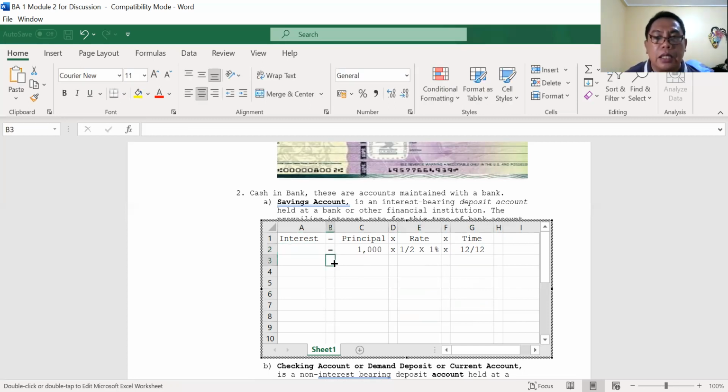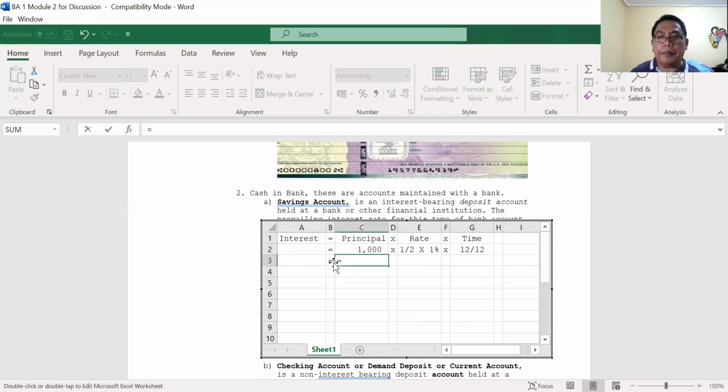So how much is our interest here? 1,000 times 1% times 1/2. 12 over 12 is actually times 1, no?